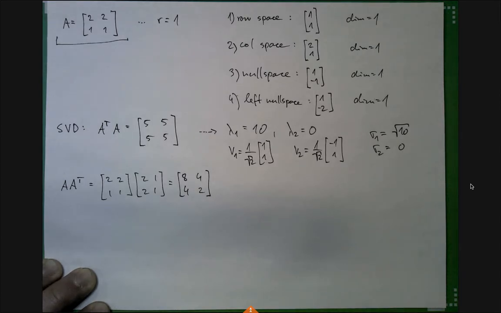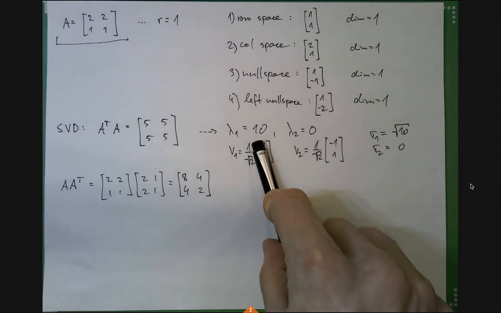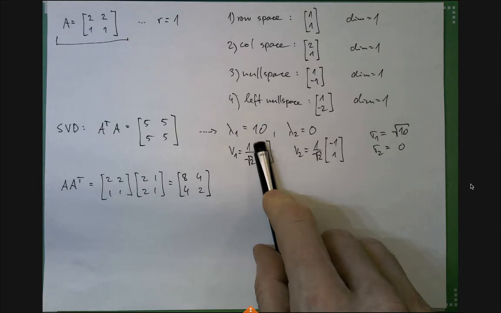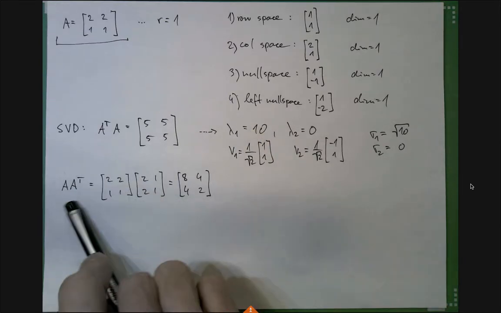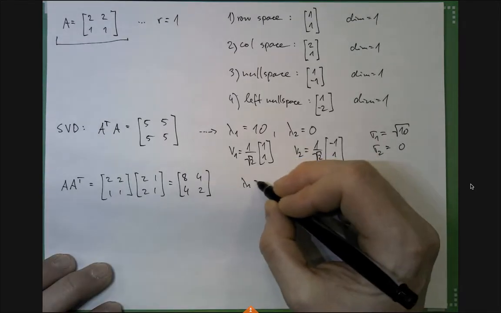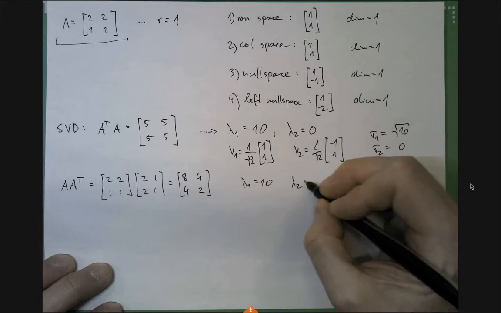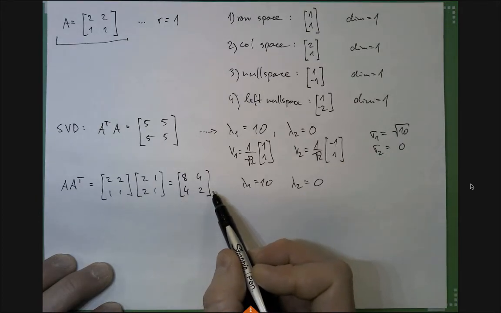I can't repeat everything if I want to finish. You can go back to YouTube if you don't remember that. We proved that the eigenvalues of A^T A are exactly the same as the eigenvalues of A A^T. So here the corresponding lambda 1 is again 10, and lambda 2, of course, is again 0, because this has to be rank 1.